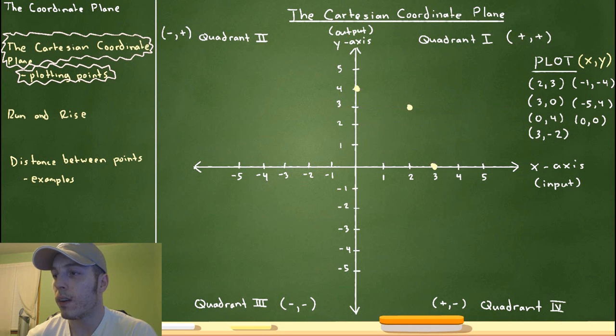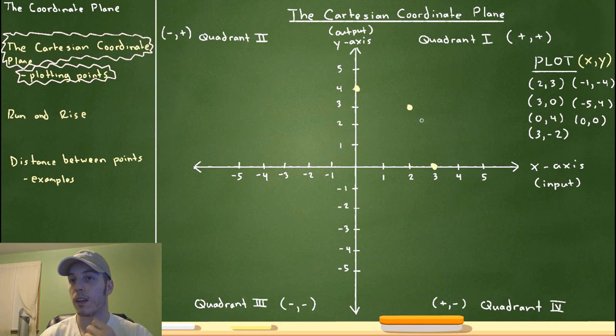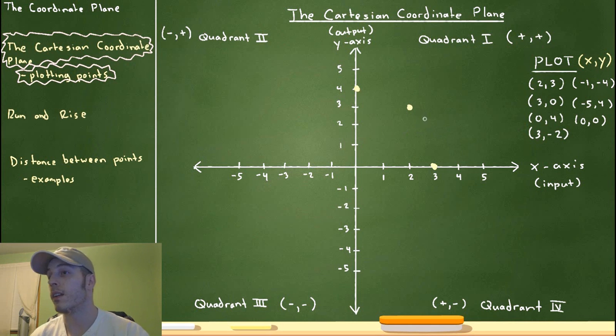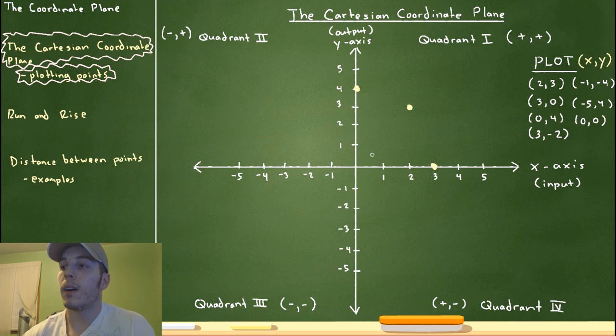So let me go ahead and get rid of the grid. Let's not use that anymore. Typically, it's not something that we would draw out, unless you had graph paper, then that's convenient. So now that's 0, 4. Now we have the point 3, negative 2. Well, where's that?